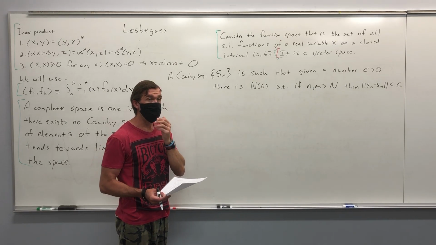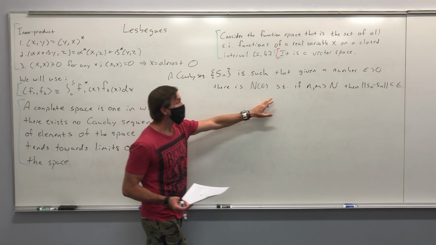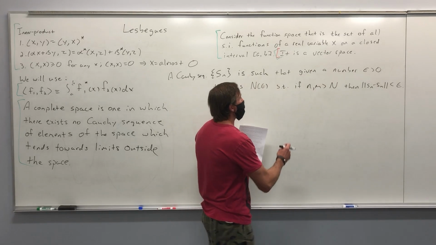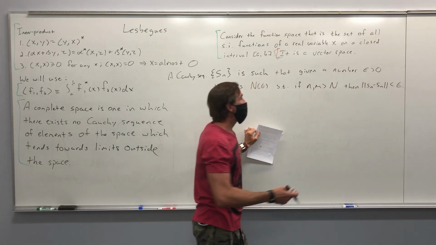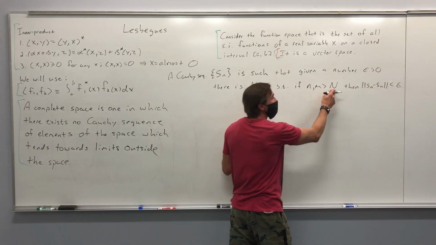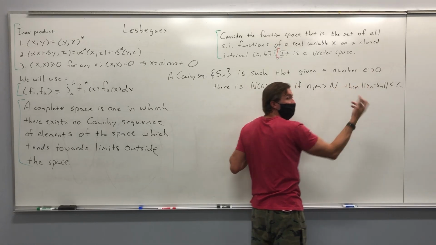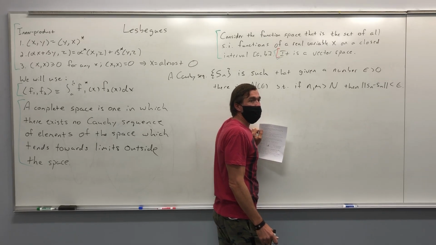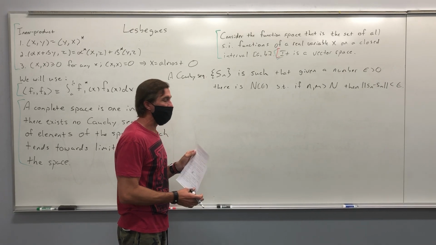What is big N? Big N depends on what epsilon you're picking. If you pick epsilon to be very, very small, this big N is going to be very large. If you pick epsilon to be really big, this big N might be 1, or might be 3. Are we on board?